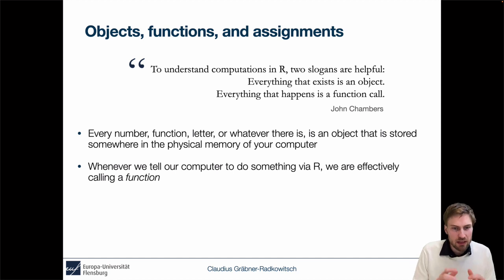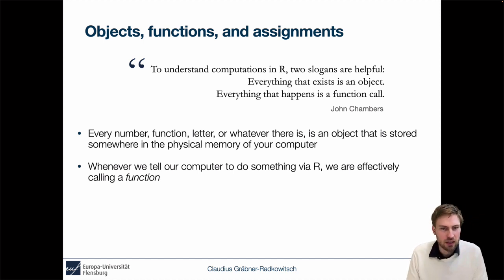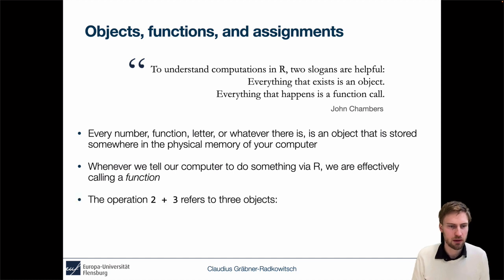Now, whenever we do something, in the sense that we ask the computer to effectuate a computation, whether we want to do an addition or subtraction, etc., what you're effectively doing is calling a function. So whenever something is done in R, a function is involved.